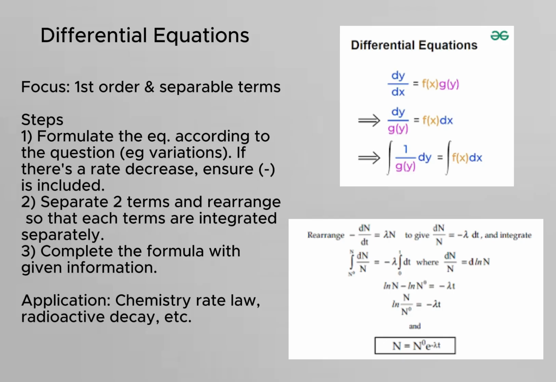That's why you have the values at the upper limit and the lower limit, and it's different for different variables. After that, you arrange and then you complete the formula. The applications for differential equations include chemistry rate law and radioactive decay, as shown on the bottom right.